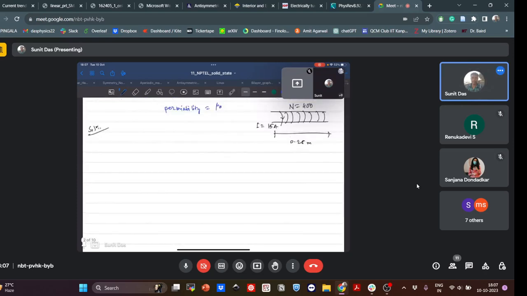So for a coil, the magnetic field strength, as we know from higher secondary classes, is given by H equals N I by L, where N is the number of turns, I is the current, and L is the length of the coil.